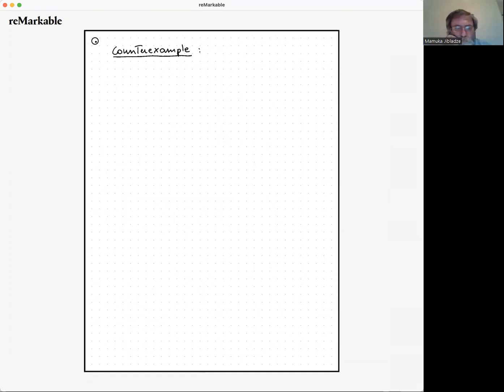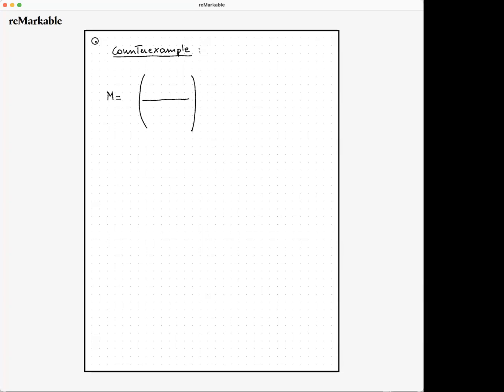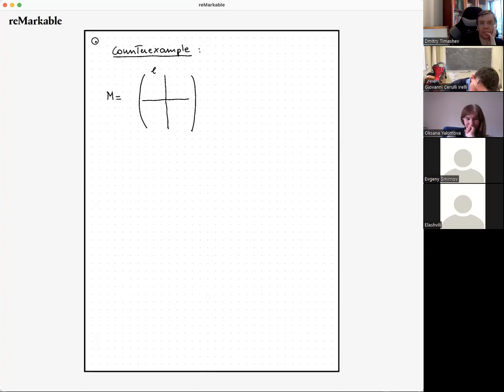Okay, so take the following matrix. So this is a 2l times 2l matrix. So this is l, l, l, l, 1, minus 1, and N to be the matrix having 1 here and 1 here.